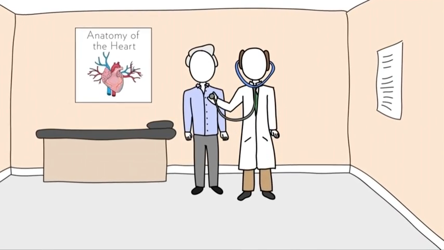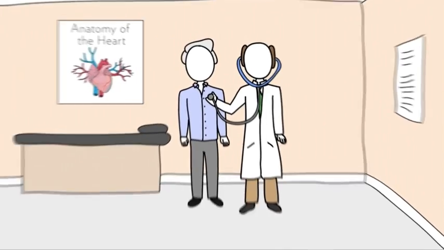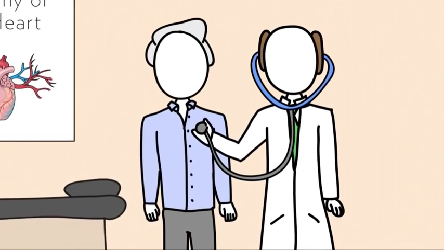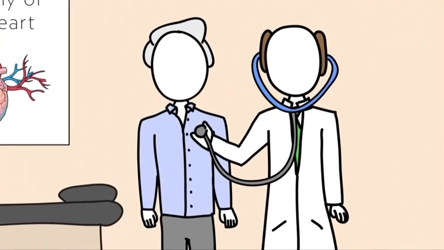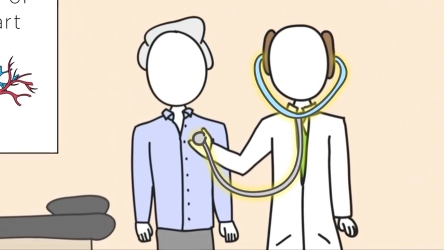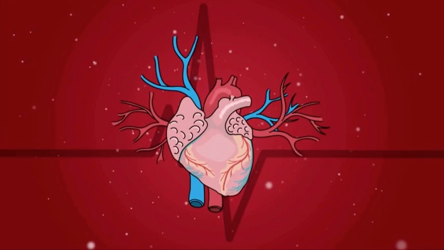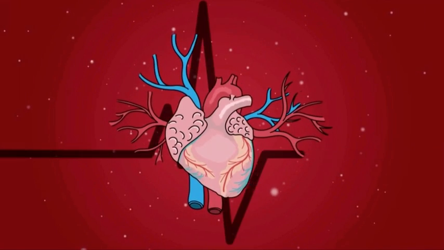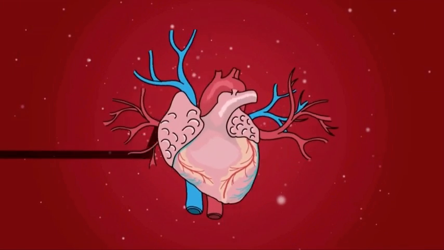Simple tests are used to diagnose aortic stenosis. Aortic stenosis produces a very distinct heart sound, a murmur, and is usually detectable with a stethoscope. But other tests may be necessary. Over time, aortic stenosis strains the heart, causing the heart muscle to become thicker, weaker, and scarred.